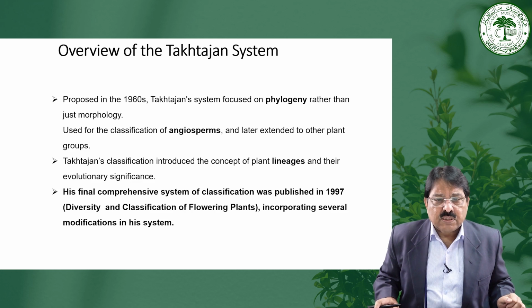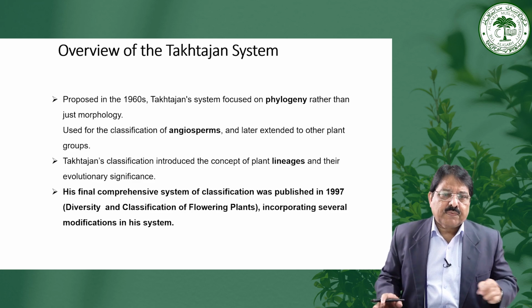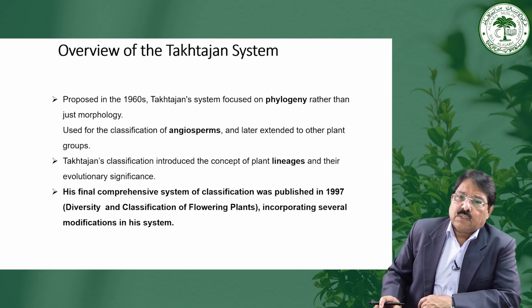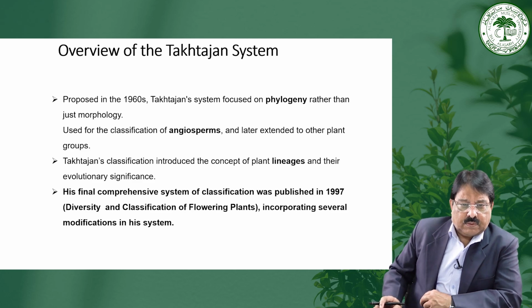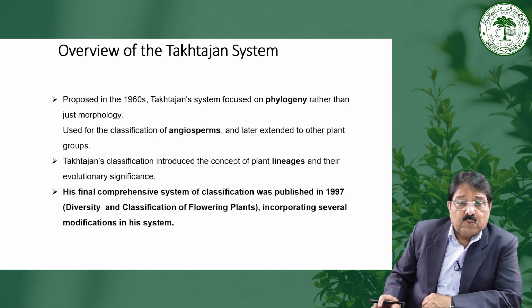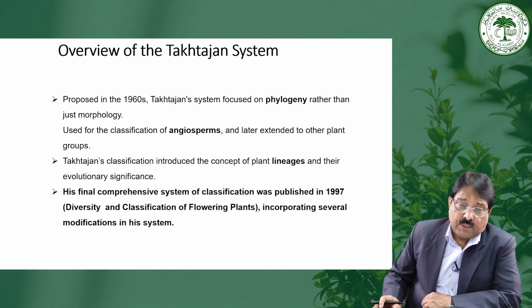In 1960, the Takhtajan system focused on phylogeny rather than just morphology. He considered the evolutionary characters, and on that basis, instead of morphology alone, he also considered the phylogeny of the plant. It was used for the classification of angiosperms, later extended to other plant groups.